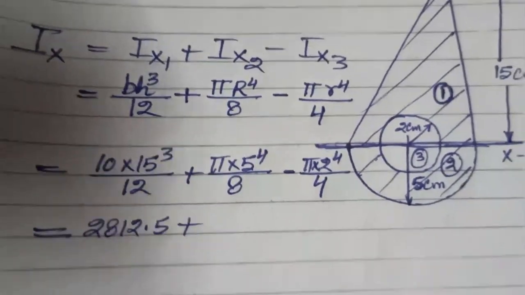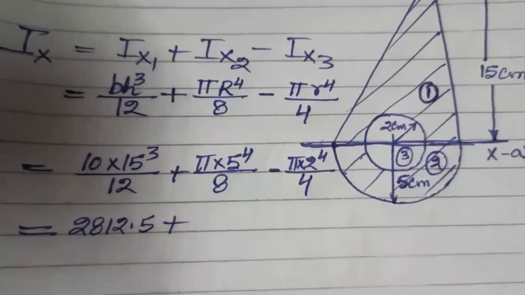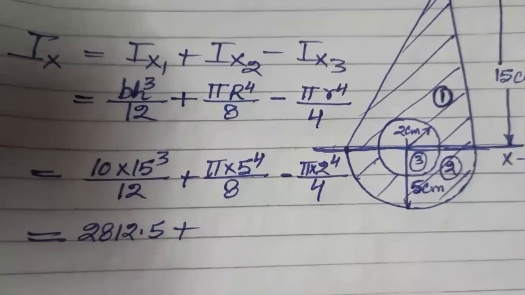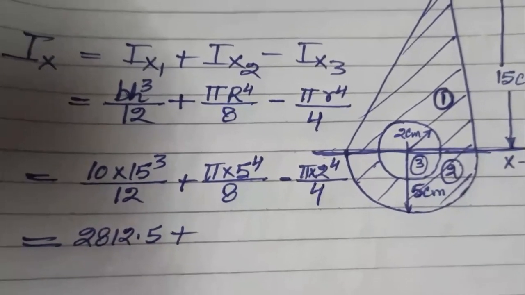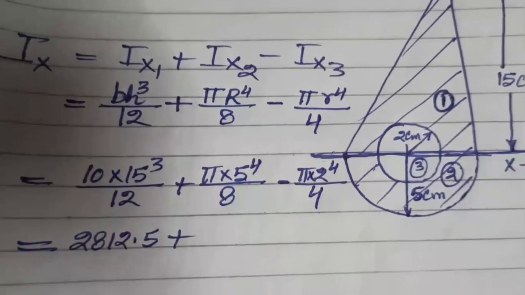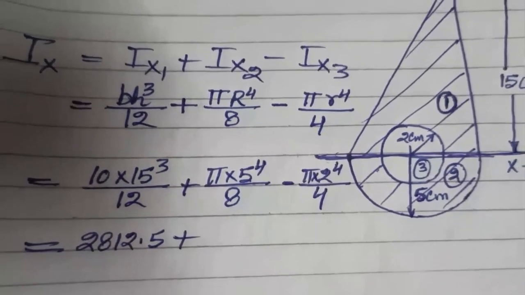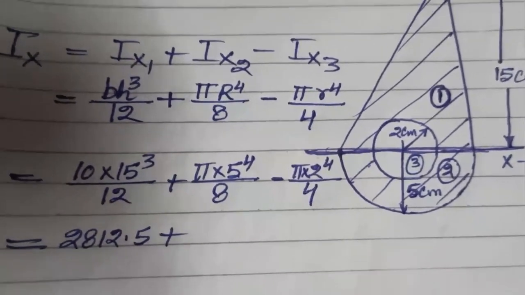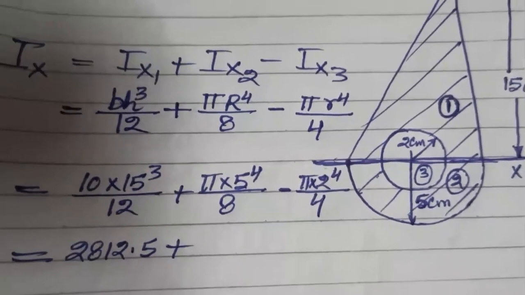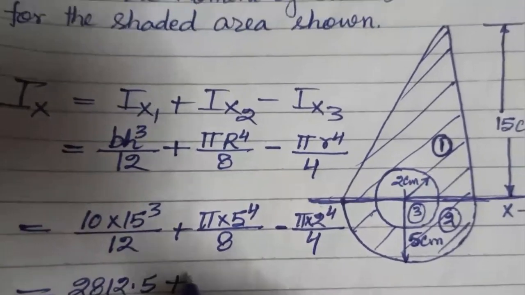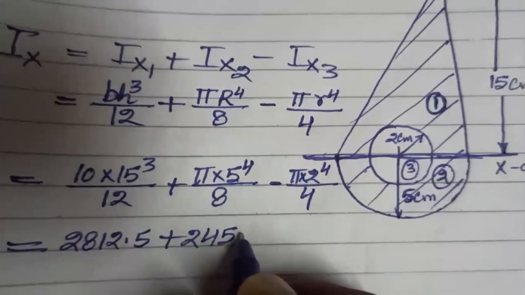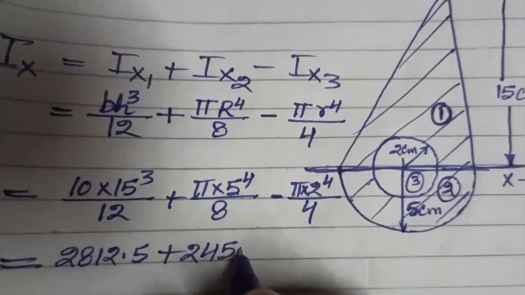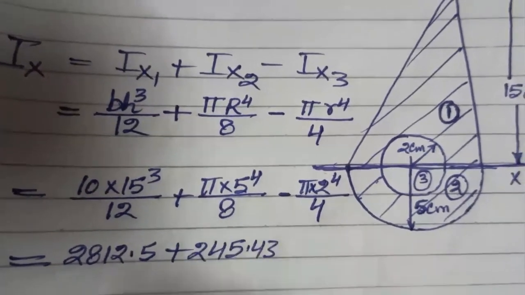Plus pi into 5 to the power 4 divided by 8, which is equal to 245.43.